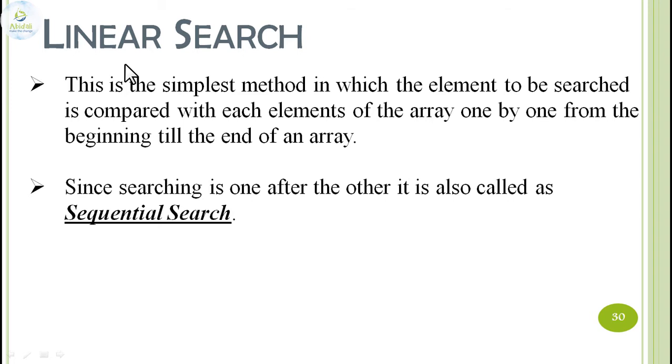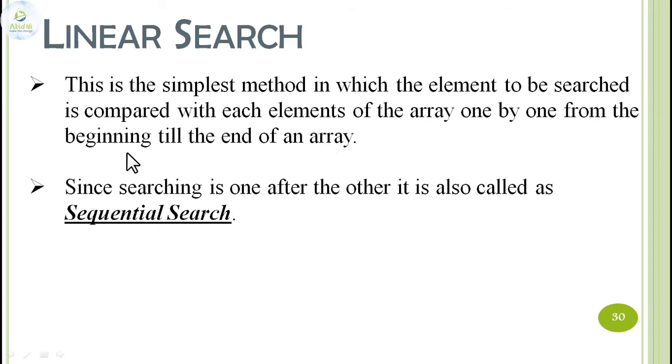To introduce the linear search, this is the simplest method, in which the element to be searched, that is what we are searching for, is compared with each element of the array, that is, all the elements of the array are compared. The comparison is done one by one, from the beginning till the end of an array.